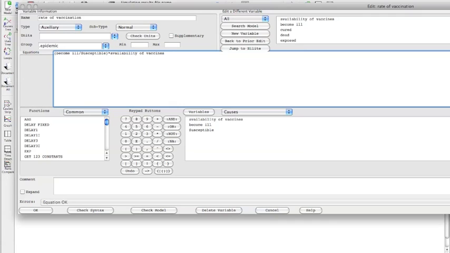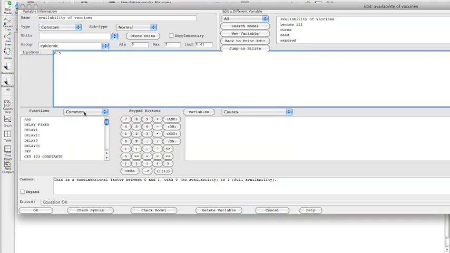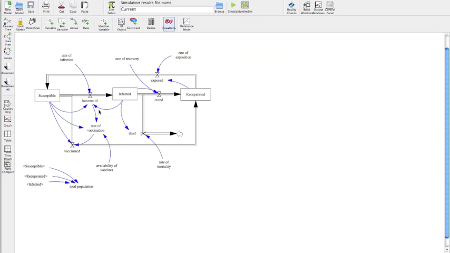The availability of vaccines is another variable here that is simply a non-dimensional factor between 0 and 1, with 0 meaning that there's no vaccines available, and 1 meaning full availability of vaccines. There's no limitation. So here, what this is saying is that 50% of those that can be vaccinated will be vaccinated. So that works into the rate of vaccination. That's essentially the story with vaccines.